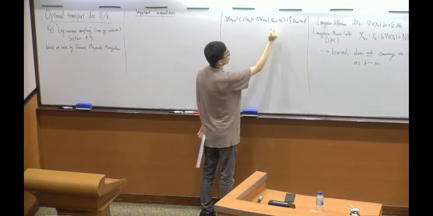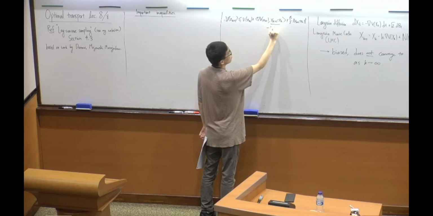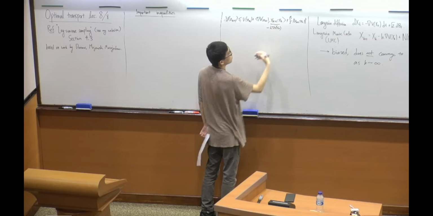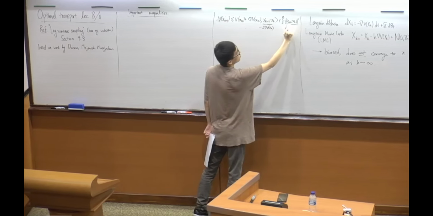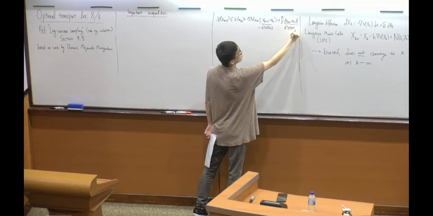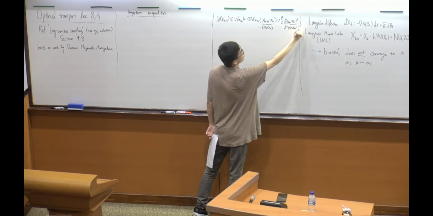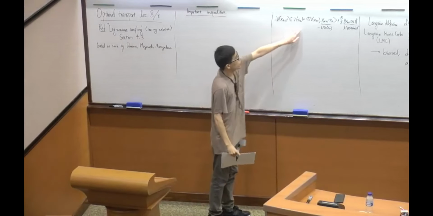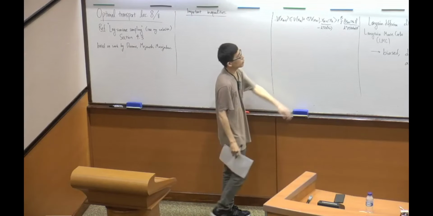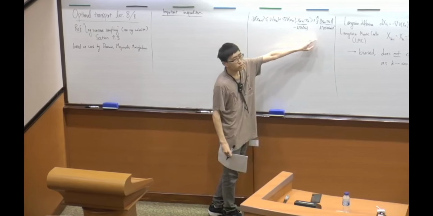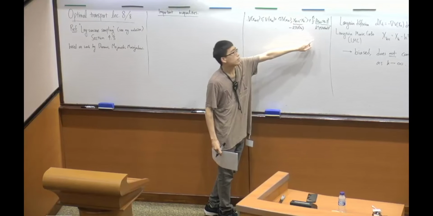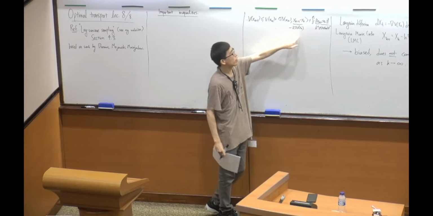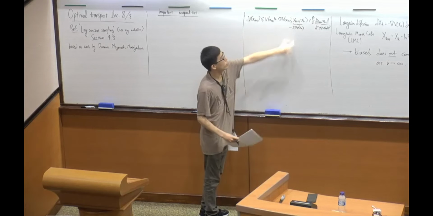Where this difference, xk plus 1 minus xk, this is minus the gradient. And similarly, this squared term is also a gradient. So if you look at this inequality, as long as h is smaller than 1 over beta, the smoothness constant, then this middle term is going to dominate.